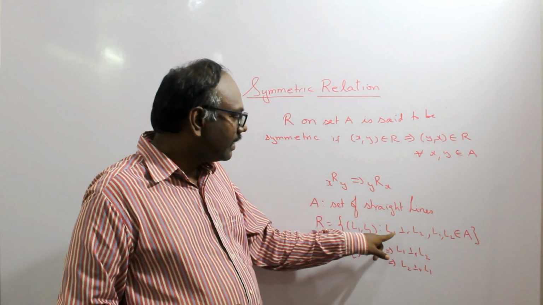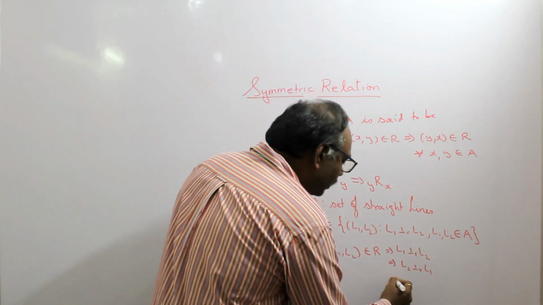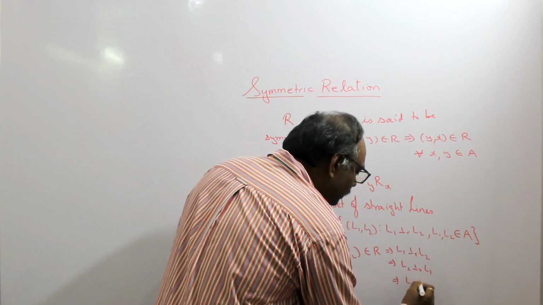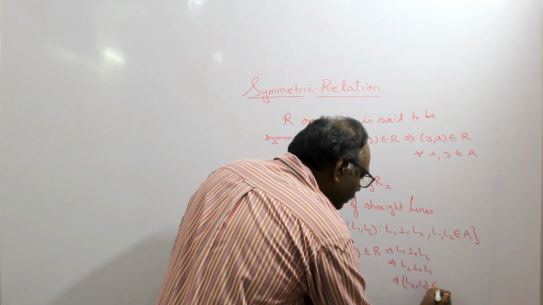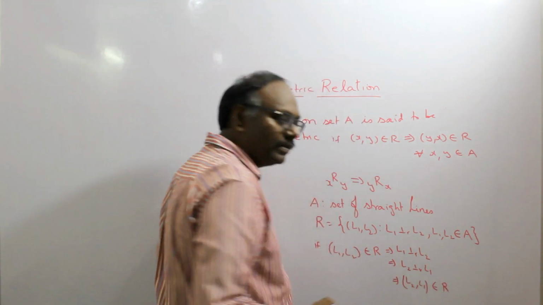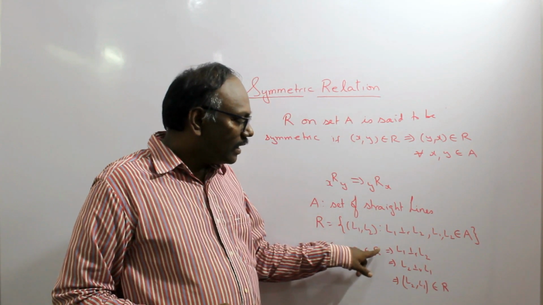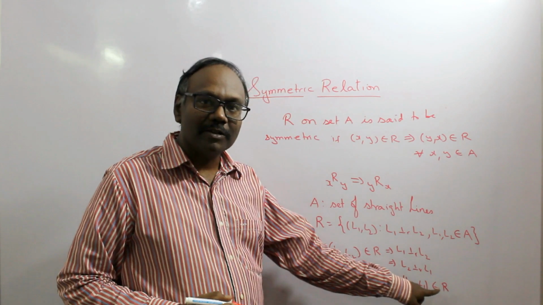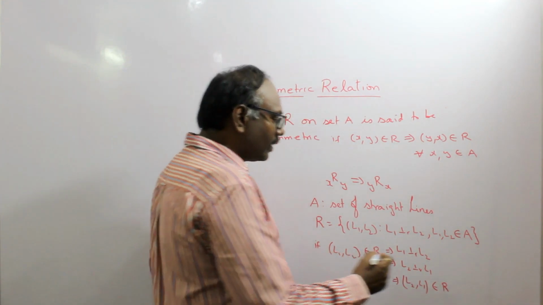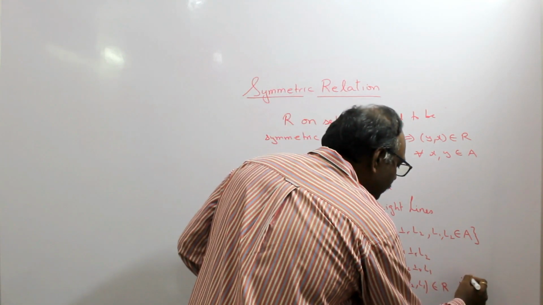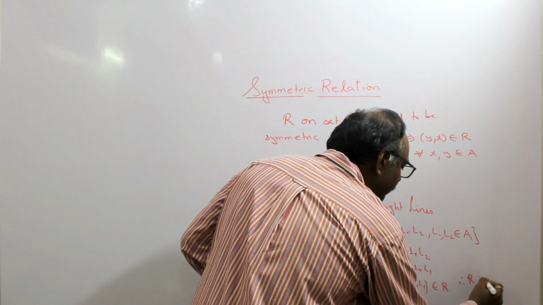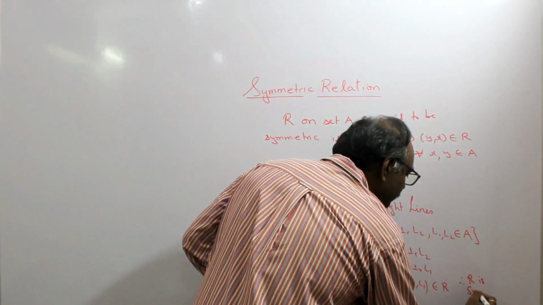Since it is satisfying the condition, L2, L1 should also belong to the same relation R. So we have checked that if L1, L2 belongs to R, it implies L2, L1 also belong to R. Therefore, R is symmetric.